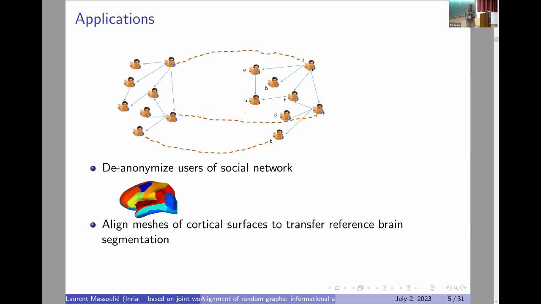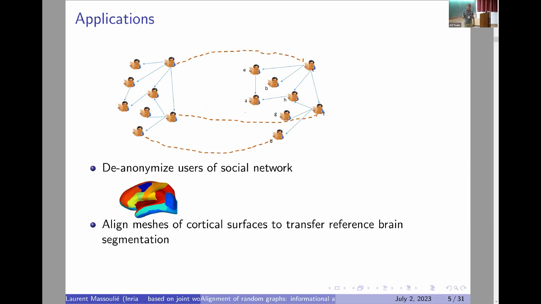Let me mention one that is quite different that people in medical imaging consider. So in medical imaging, in the study of brains, people acquire automatically 3D images of the cortical surface, the outer surface of a brain. Then they automatically produce meshes. These are triangulations of points spanning the cortical surface.